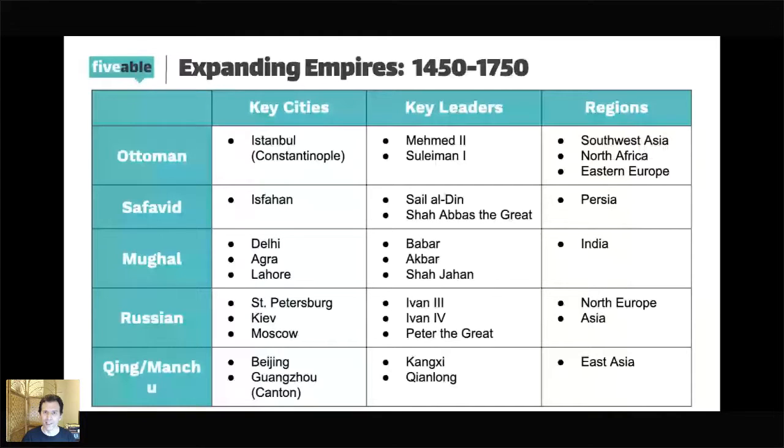So Russia is a Eurasian empire. And then the Qing, also the Manchu dynasty, you'll see key cities like Beijing and Guangzhou, key leaders like Kangxi and Qianlong. And these are East Asia regions, even though they're going to push the Chinese empire into areas like Tibet, into Xinjiang, which is the Uyghur regions.